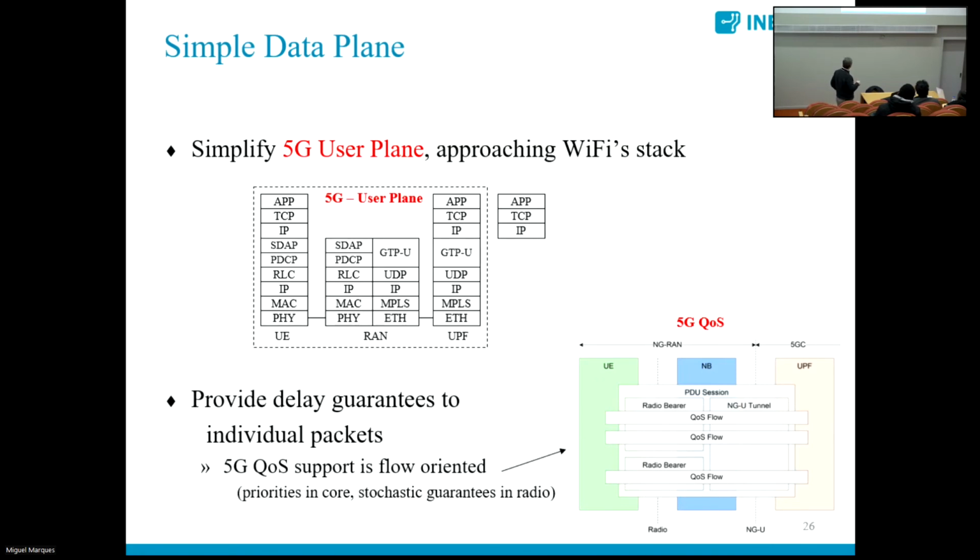Importantly is quality of service. Usually, the quality of service that you provide over a wireless network is a stochastic quality guarantee. That is, we may guarantee that, for instance, 90% of packets will have a delay smaller than 30 milliseconds. But you cannot guarantee that all the packets will have a delay smaller than a given value.